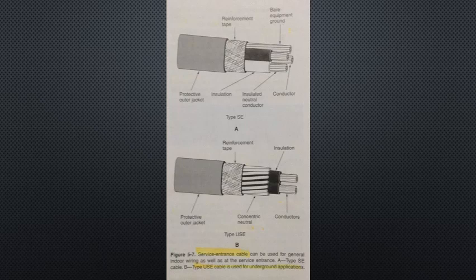Type SE, as shown in figure 5-7, is unarmored, moisture resistant, and flame retardant. It can be composed of 2 or 3 insulated conductors and an additional bare conductor. It is readily available in sizes from 12 AWG through 4/0 AWG.